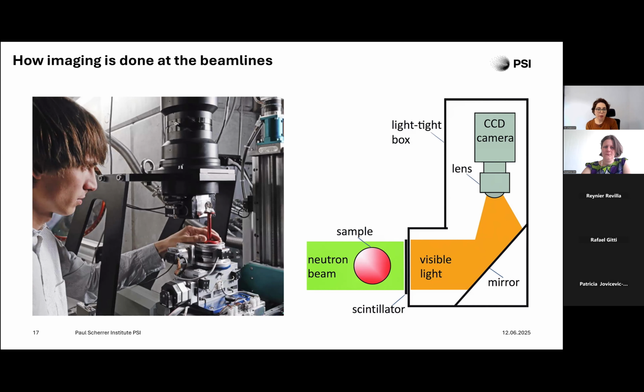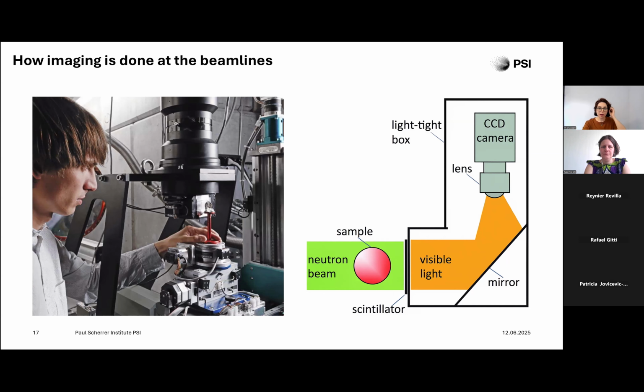To image with neutrons, we use a simplified detector system, as you can see on the right-hand side. In principle it has three components: a scintillator, a 45-degree tilted mirror, and a camera setup, like a lens with a CCD camera.